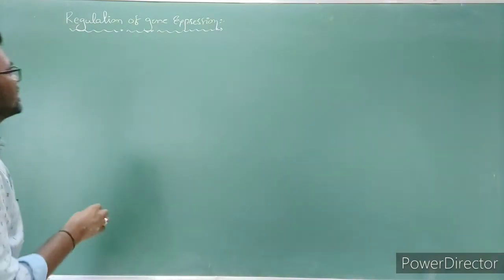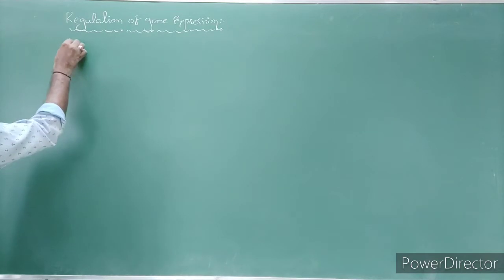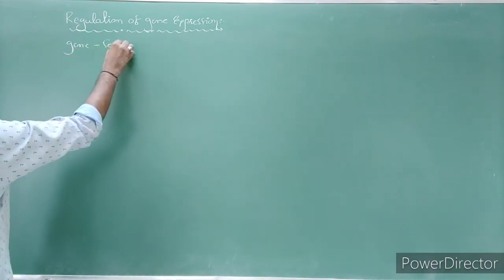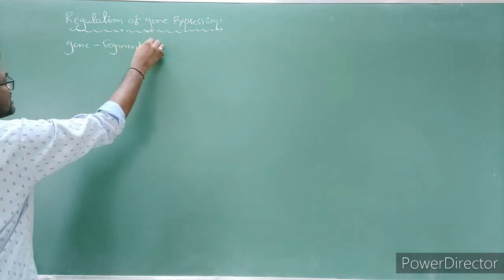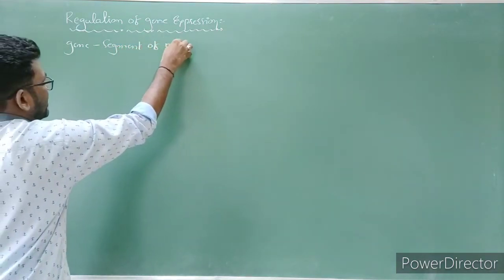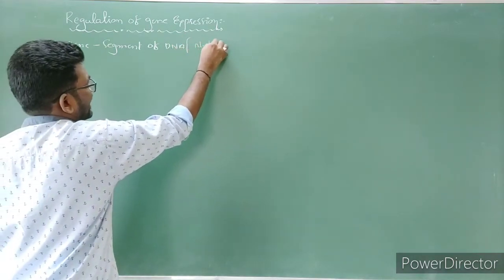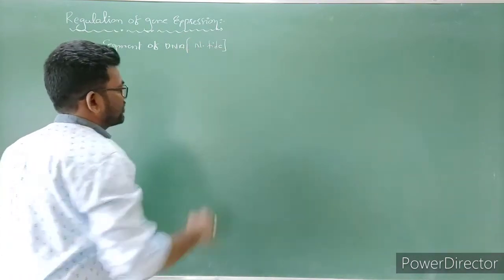Let's start first from gene. One small definition: it is a segment of DNA, which you already know. In brackets you can write it is one small nucleotide sequence.